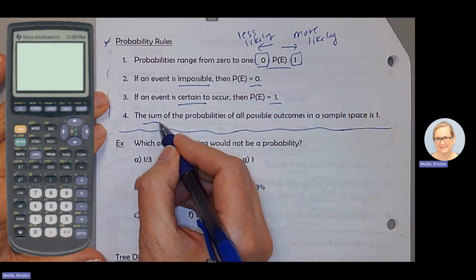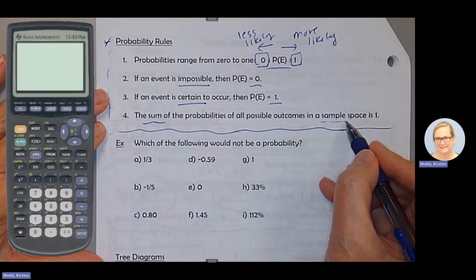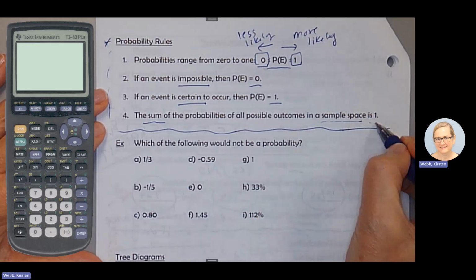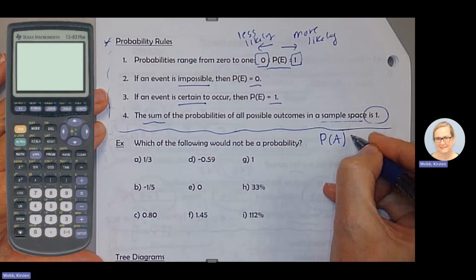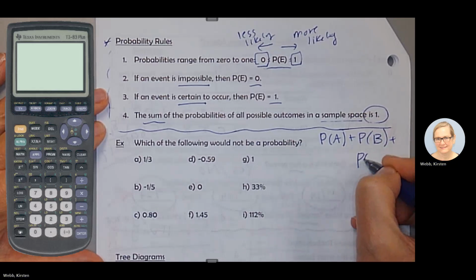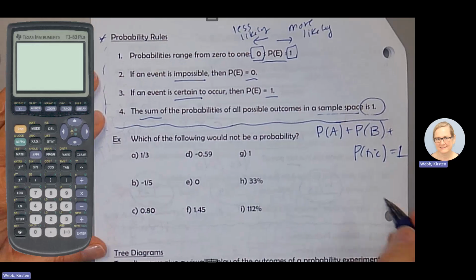We've also started to see that we can add up probabilities within the same sample space. If we have every outcome represented, the total should be 1, like the probability of A winning and B winning and ties added up to 1. Didn't leave room for that, did I?